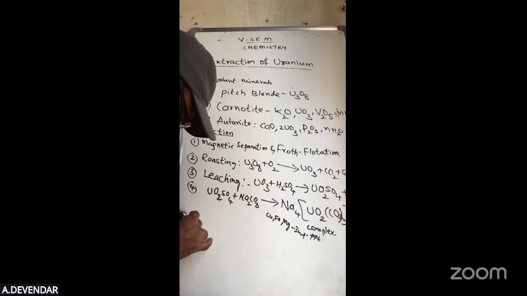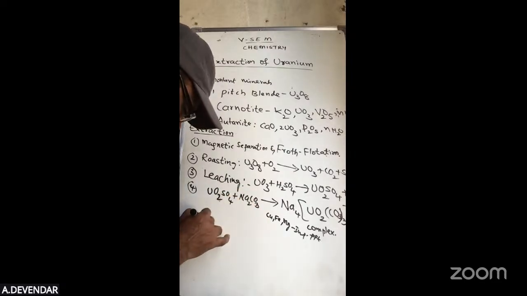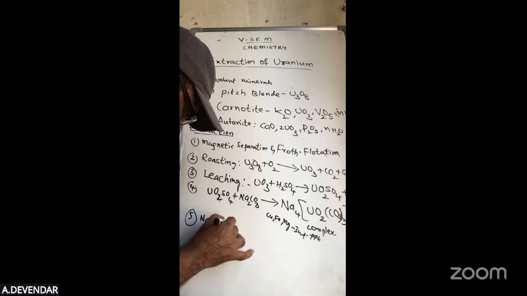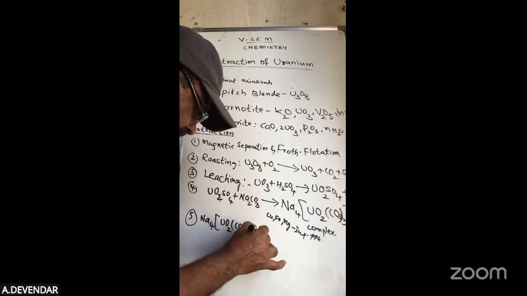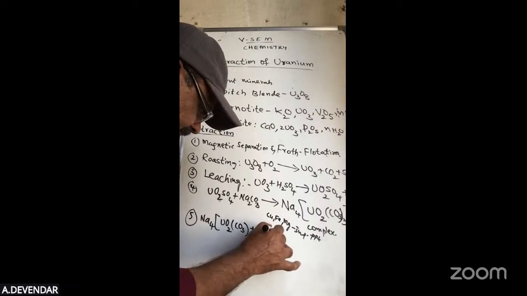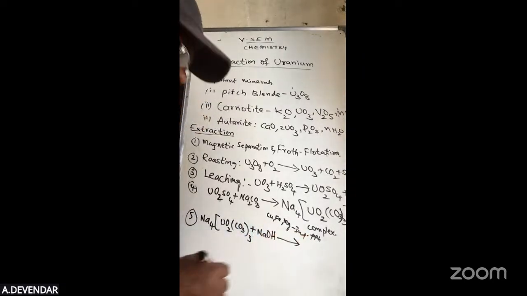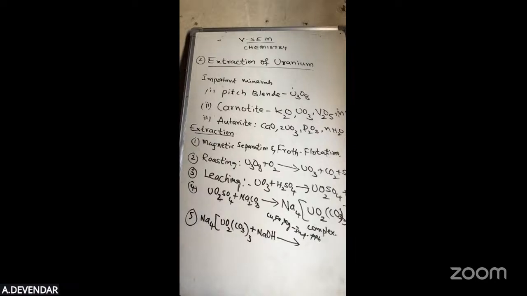So the fifth method is the complex compound Na4UO2 treated with sodium hydroxide, a strong base. We get sodium diuranate.